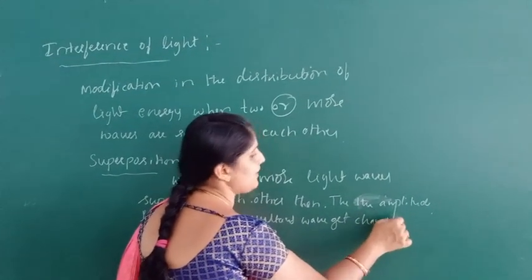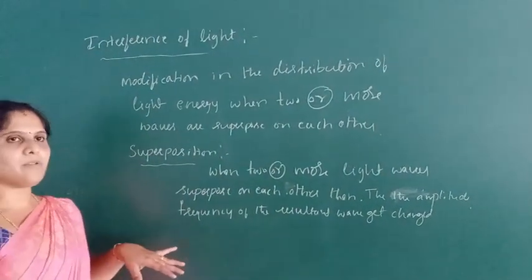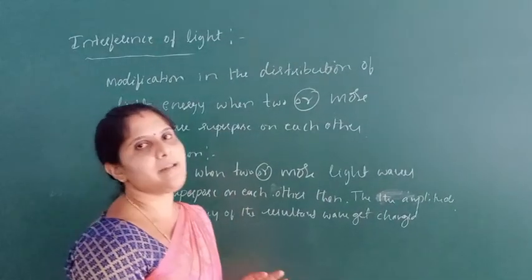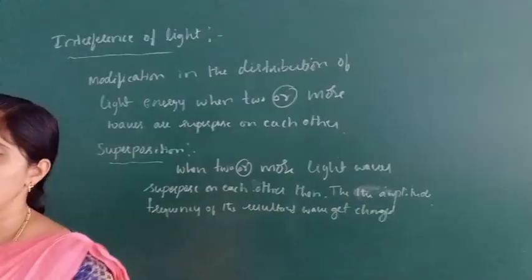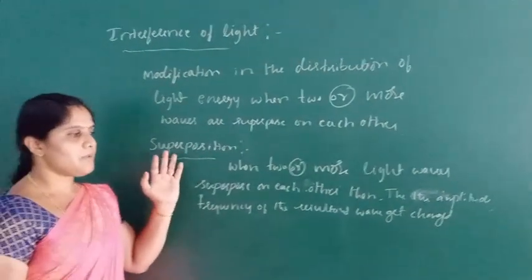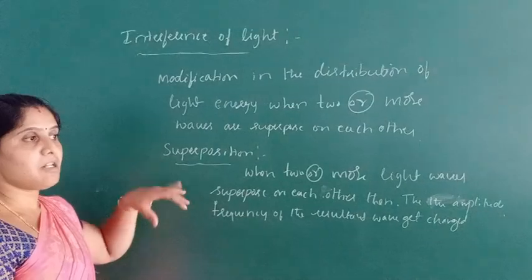That means it will increase or decrease. According to the principle of superposition, the resultant displacement is the sum of individual displacements, or it is a vector sum of individual displacements.